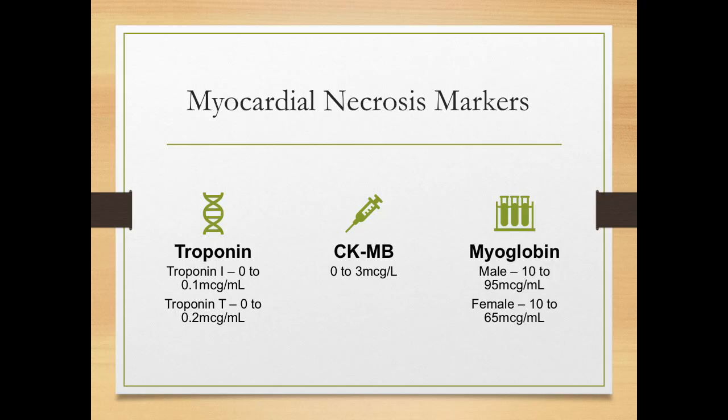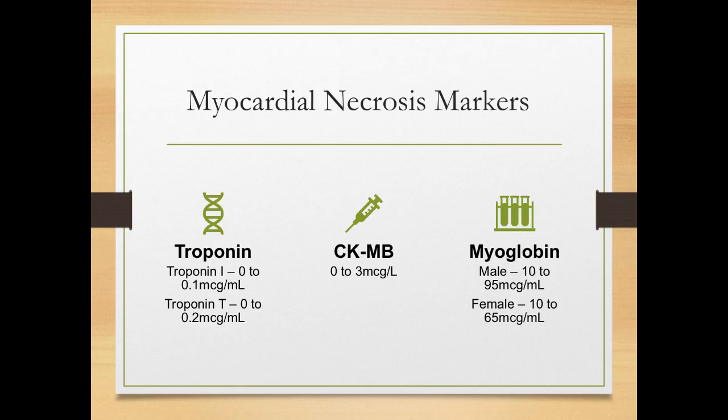What should these be? Basically, anything greater than 0 is kind of an issue. We're focusing on troponin and CKMB. We've got troponin I and troponin T. Either of those greater than 0 is an abnormal finding, and then we look for a trend.